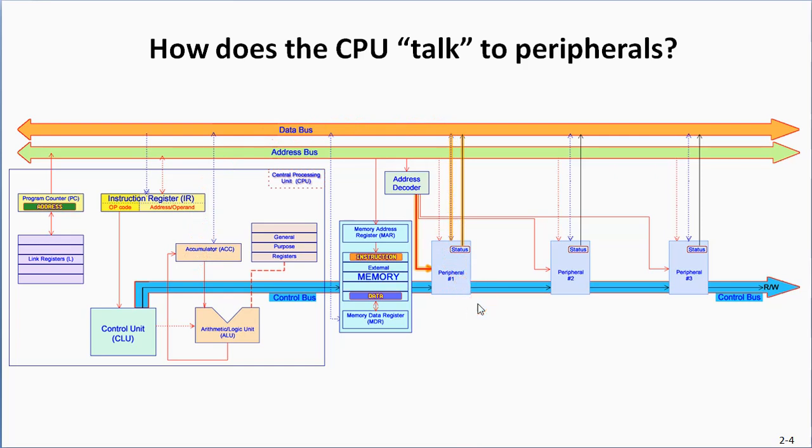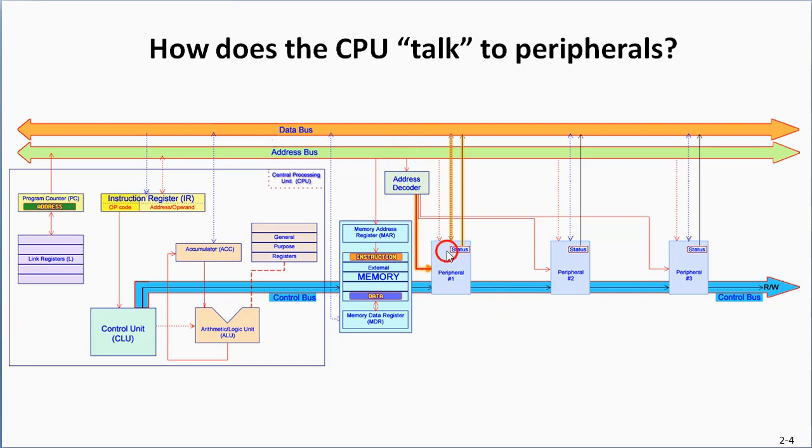Let's look a little closer to how these operations and the CPU peripheral communication can happen. A decoder, this one, monitors the address bus and decodes the addresses that the bus is currently carrying. Then it activates the appropriate peripheral depending on what address it detects on the address bus.